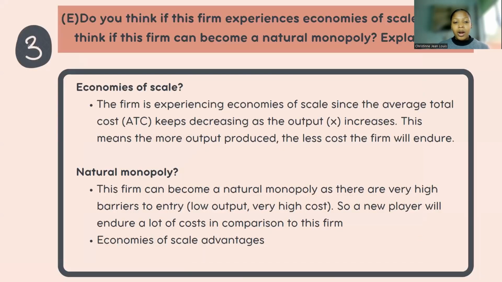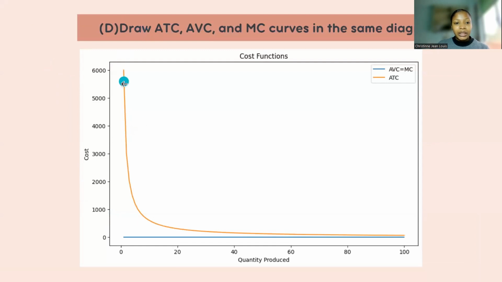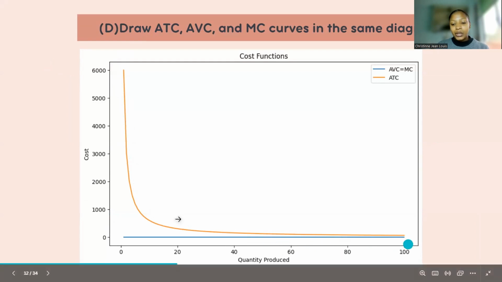Based on the graph we saw just now, we want to know: is the firm experiencing economies of scale, or can it be a natural monopoly? First of all, we can conclude yes, the firm is experiencing economies of scale, because as we can see, average total cost is decreasing as the quantity x is increasing.